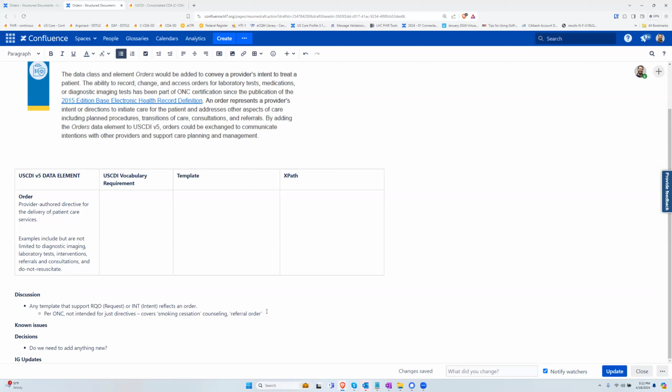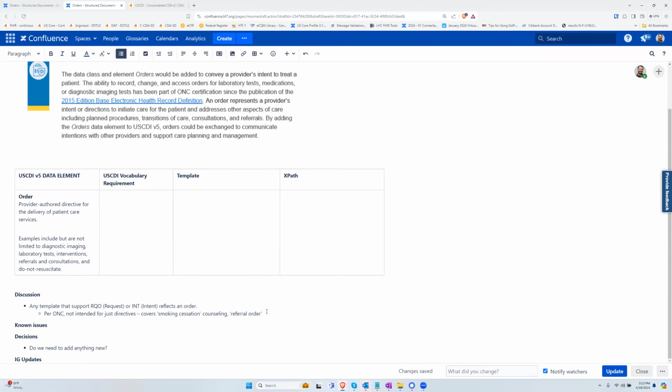Is there a distinction around something that is actually ordered as opposed to included in a plan? Well, that's what I was talking about before. How that is done in CDA is you have a mood code of intent, which is just maybe a plan.